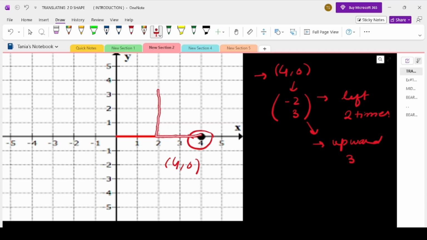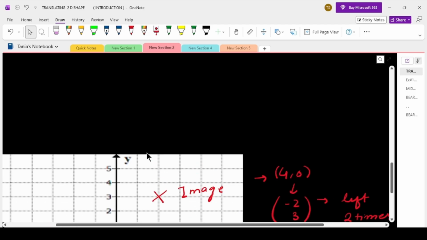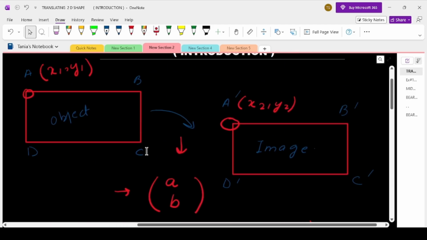So this will be the translated point of (4, 0) by using the column vector (-2, 3). Now we highlight this point. This is the image of this point, and this is the object.